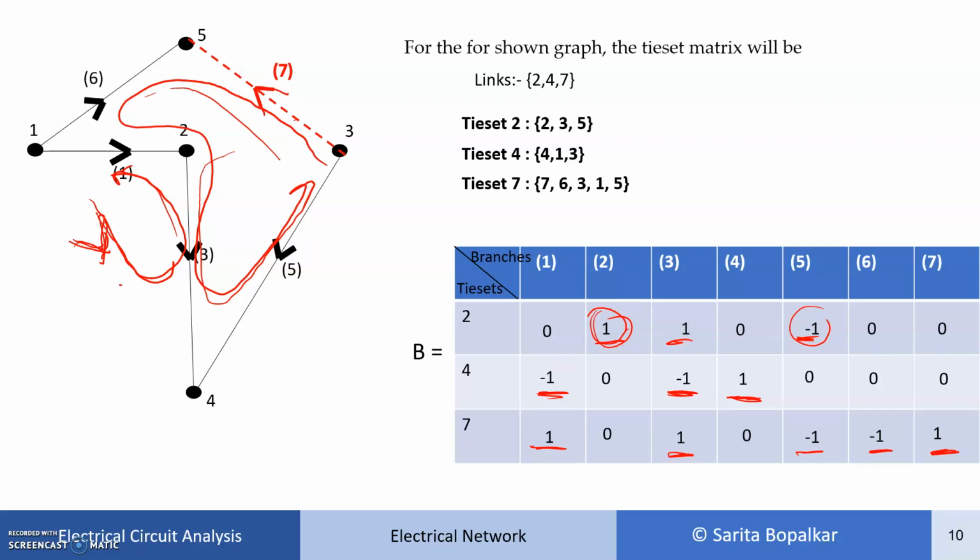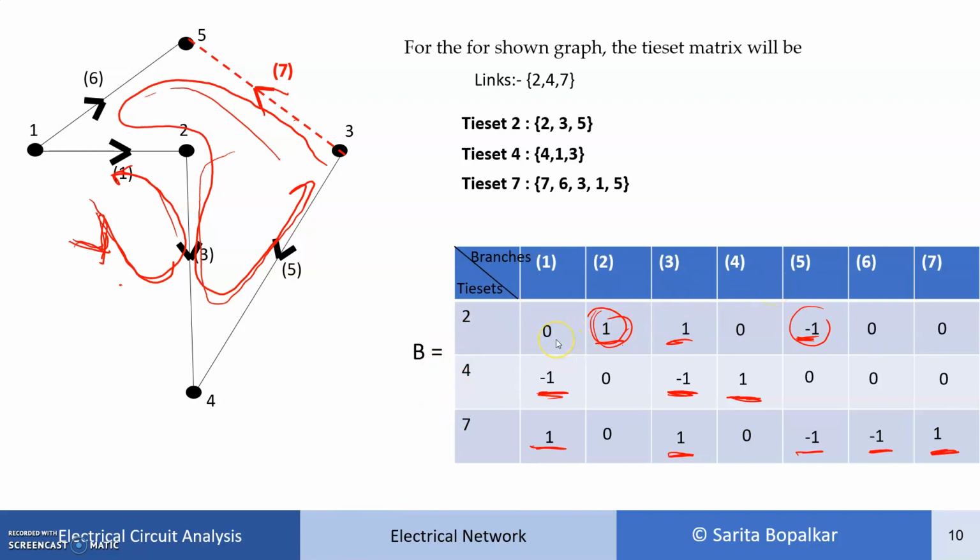Now each link you have to replace one by one. Whenever I replace my first link, it will form one loop, that is my first tie set. Whenever I replace the second link, that will form another loop, that is my second tie set. Once you form all the tie sets, the number of tie sets is equal to the number of rows of our Tieset matrix, and the number of columns is the same as the number of branches.